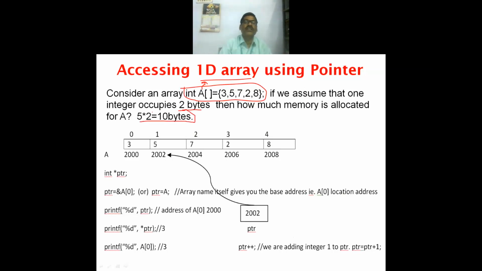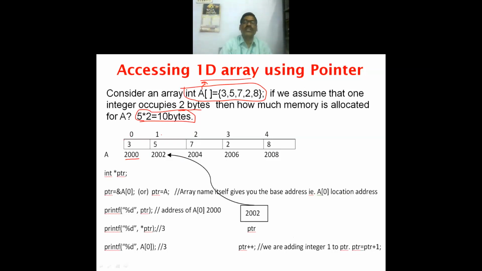So the amount of memory allocated for this array variable is 10 bytes. Now, how is the memory allocated? These 10 bytes are allocated in a contiguous, sequential manner. Fine. So 2000 is the address of the 0th location.